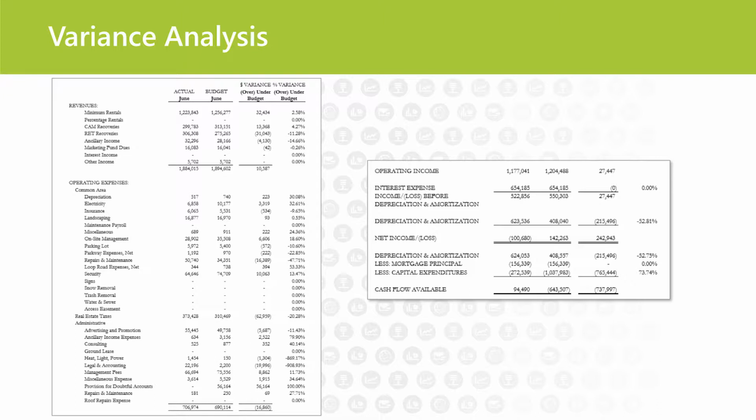So this is just an example of all of our grouped income statement accounts, and we're just doing a comparison here of June's actual to the budget, if we're over or under.